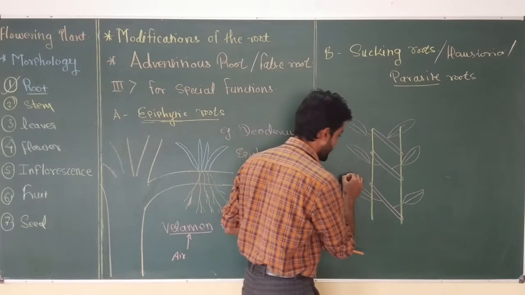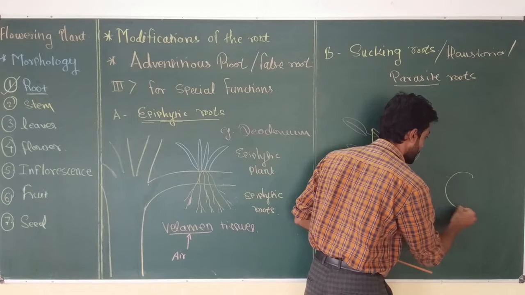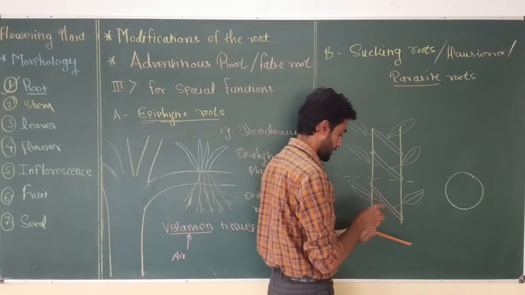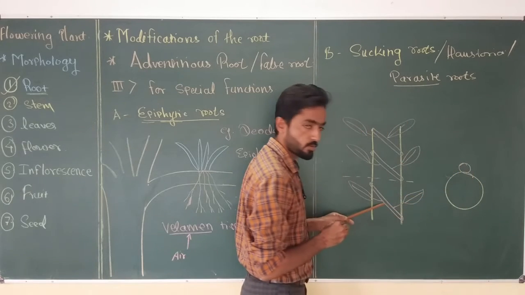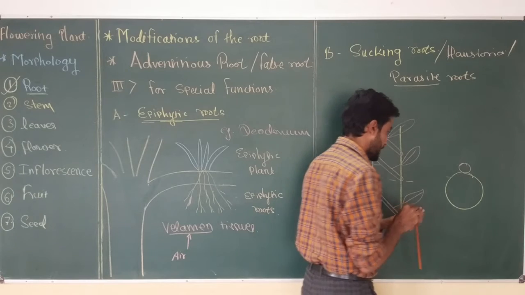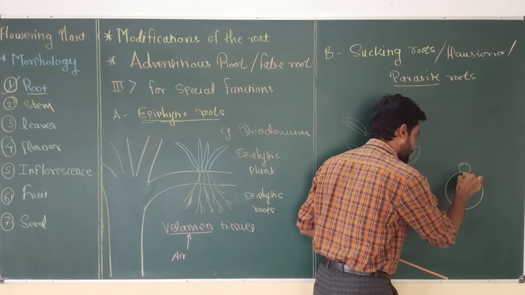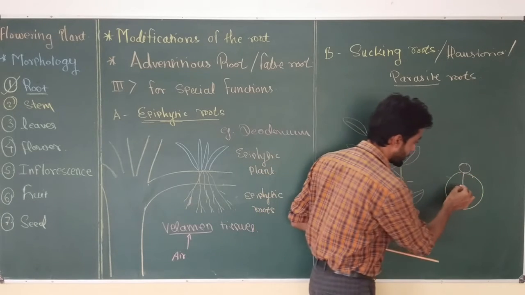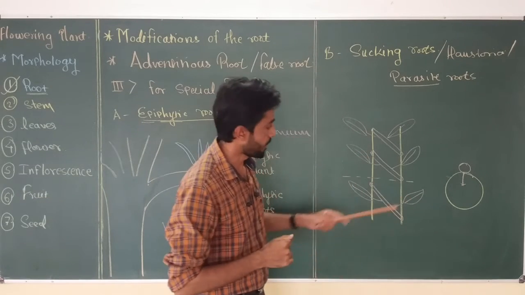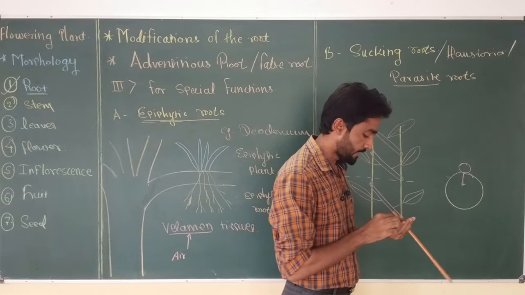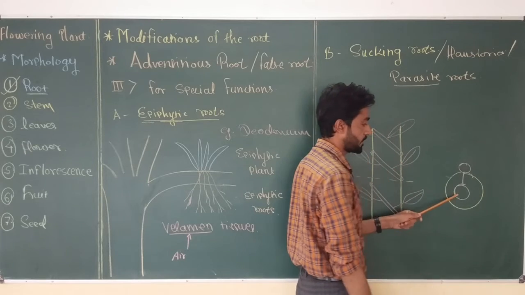Okay, if we take a TS, transverse section of the root, we can easily see a host plant stem around which a small parasitic plant grows, and now this parasitic plant directly develops thin microscopic roots from the stem which penetrate, which enter inside the stem of the host plant, and once they enter the stem, they reach the vascular bundle of the host plant.